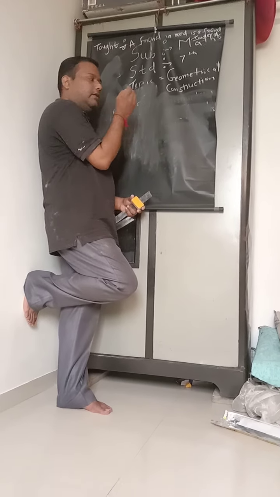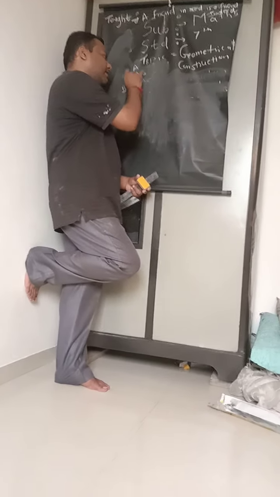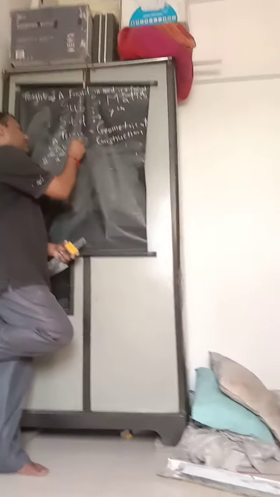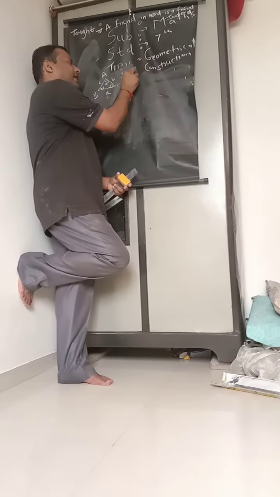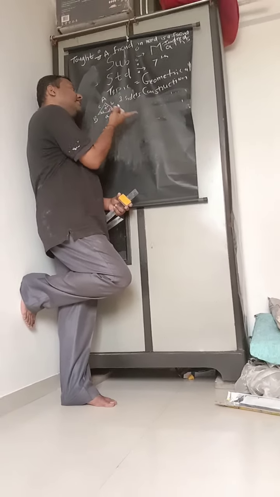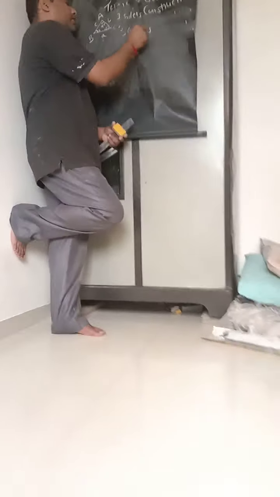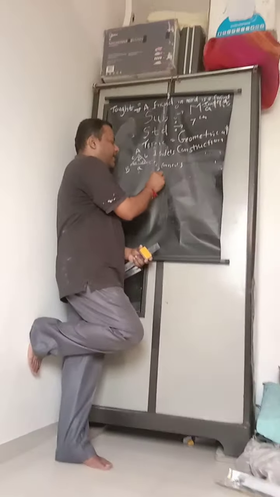The first important property is that a triangle has three sides, A, B, and C. Then it has three corners, and it has three angles.